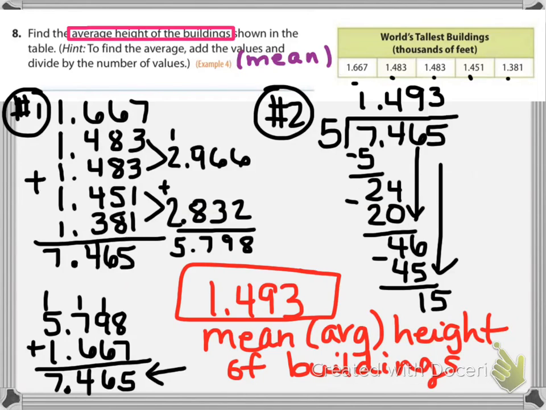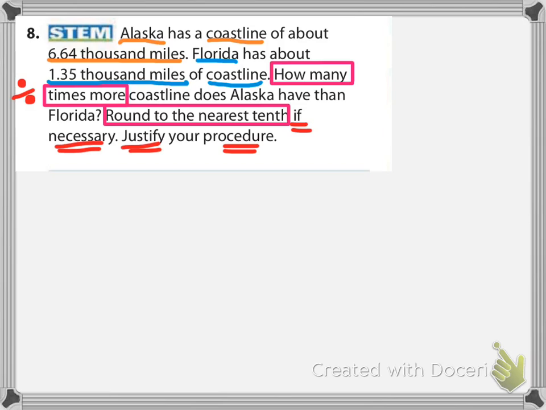Okay, final answer is in feet. So make sure you include any measurements with your word problems. Alright, pause. Make sure you have everything copied here before moving to the next problem.